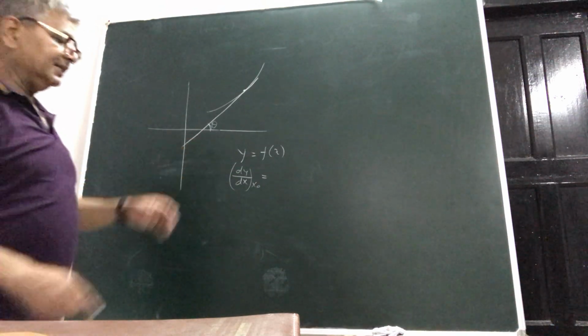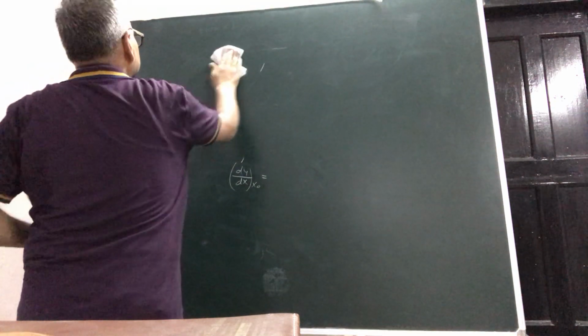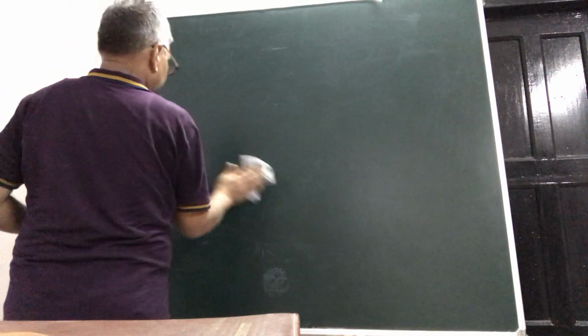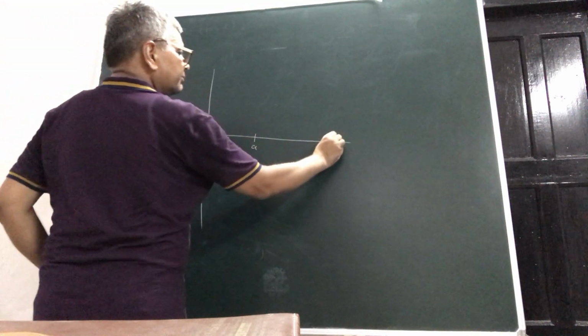With this understanding, let us see what the geometrical interpretation of Rolle's theorem turns out to be. There is a function, suppose it is between a and b.